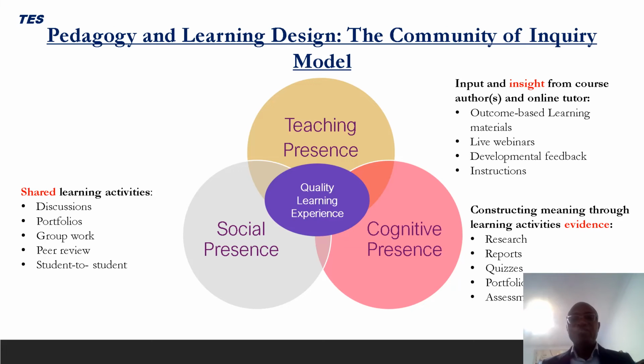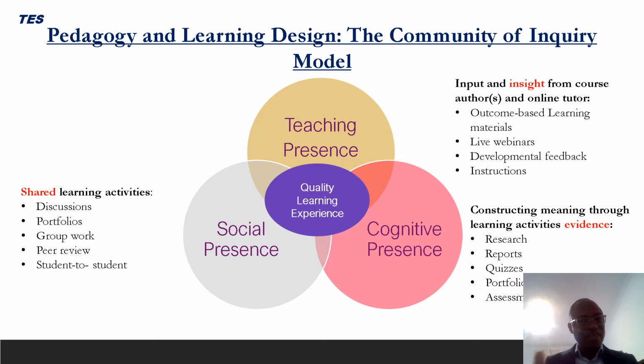The community of inquiry model, which is an important part of learning design, has three domains or three parts. We have the teaching presence, we have the cognitive presence, and the social presence. And every effective online design should engage these three. There should be a teaching presence, which is coming from you as a facilitator. I wouldn't say as a lecturer, as a facilitator.